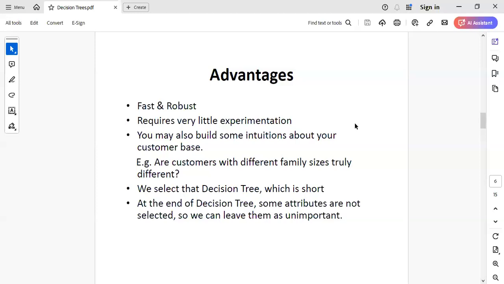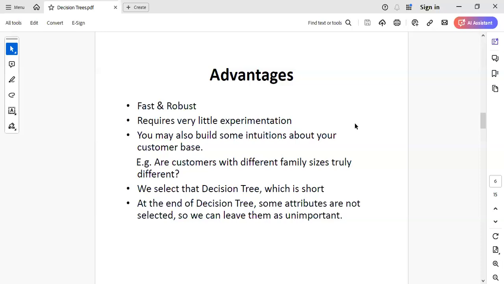So these are the most beautiful advantages of using the decision tree. The first one is that it is fast and robust. It is very quick in learning and also predicting. It requires little experimentation. Suppose you didn't take out the outliers, it can still work.